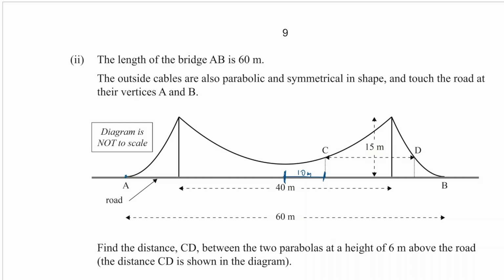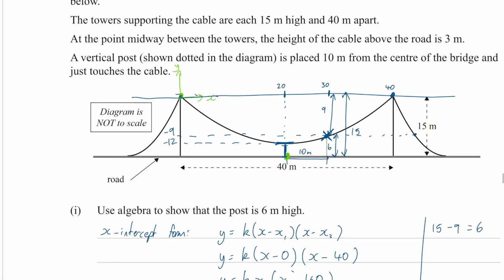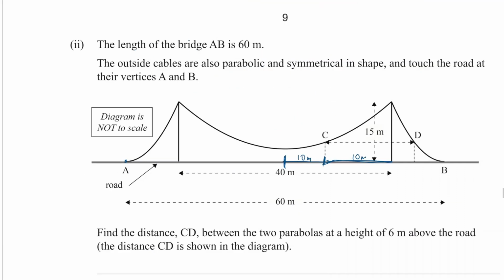Which means, what is this distance here then? Half of it is 20 meters, so that distance is also 10 meters. That's not to scale too well. Is that right? It must be. 20, 30, yeah. Wow, never trust a diagram, eh?